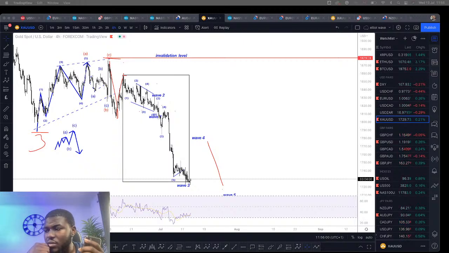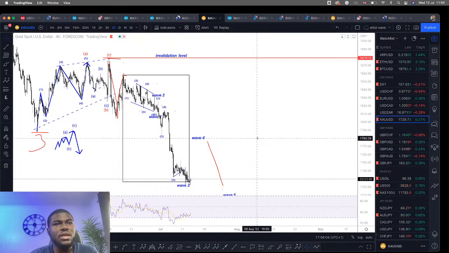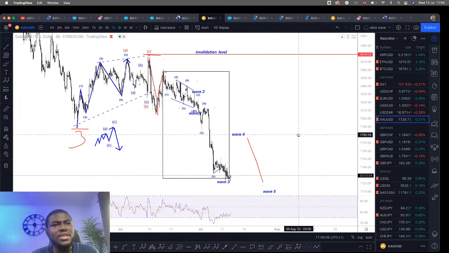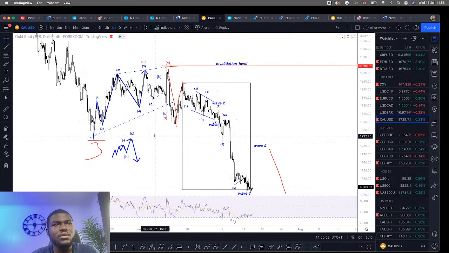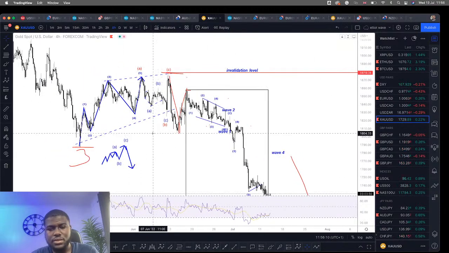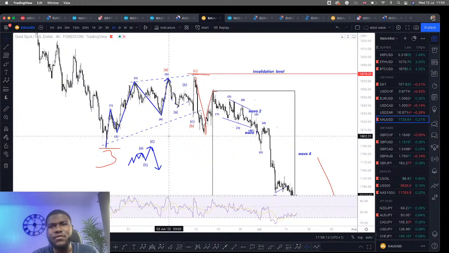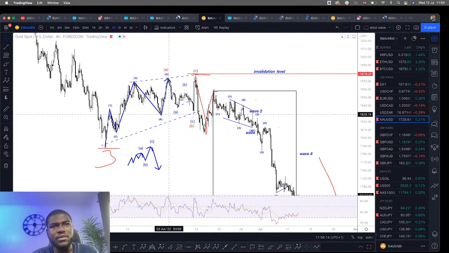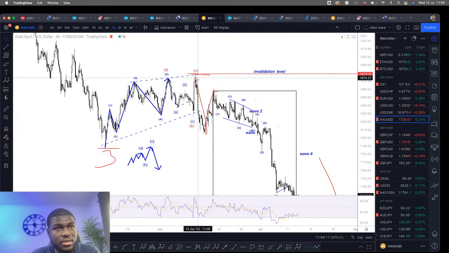Where I was coming from originally, guys, let me make it more visible, is that the whole of this is a correction to the upside, guys.